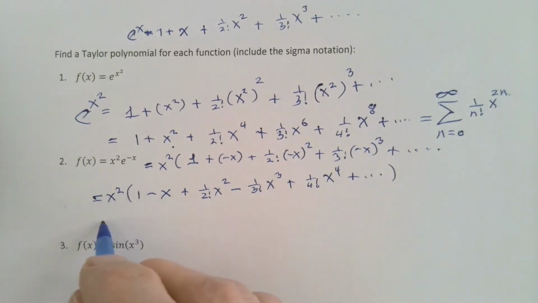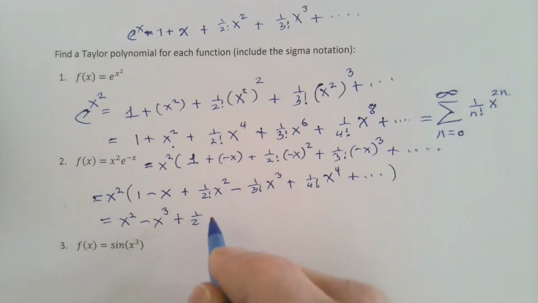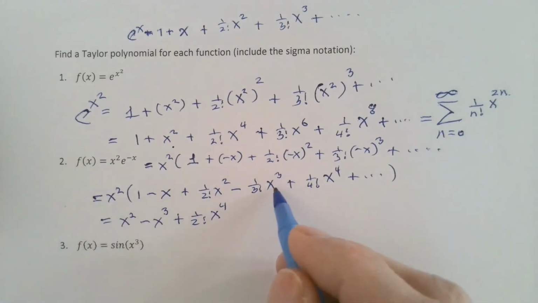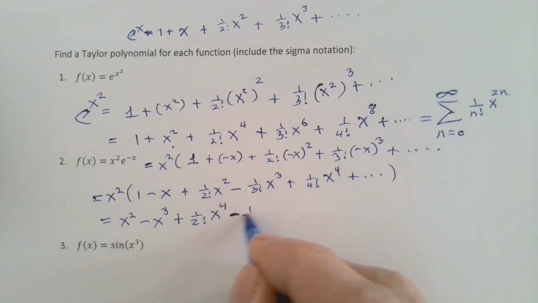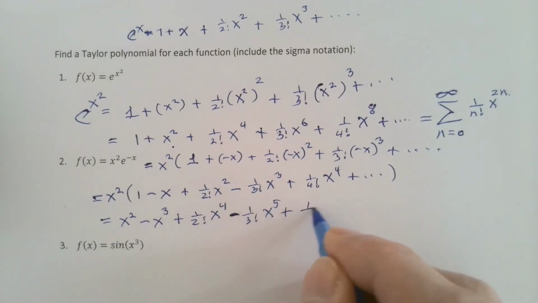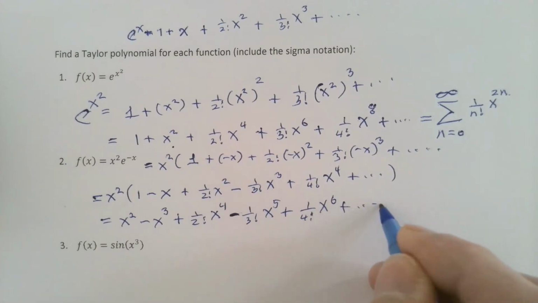So x squared times 1, of course, is x squared. X squared times x is x cubed. X squared times x squared is x to the 4th. X squared times x cubed is x to the 5th. And the next one's going to be 1 over 4 factorial, x to the 6th, etc.